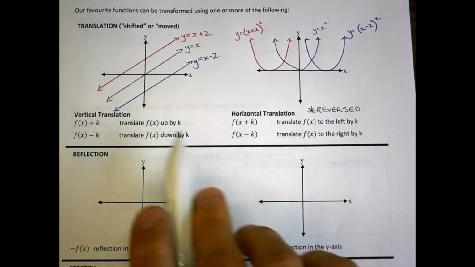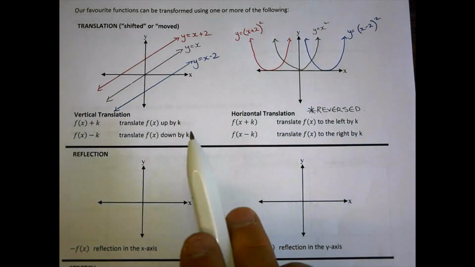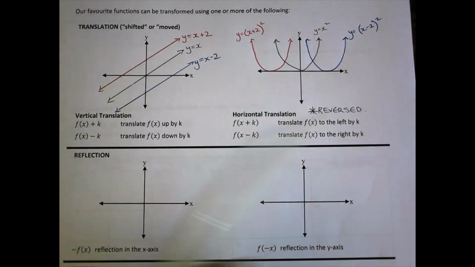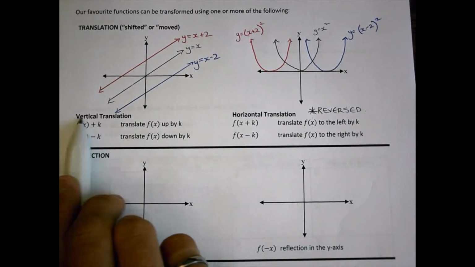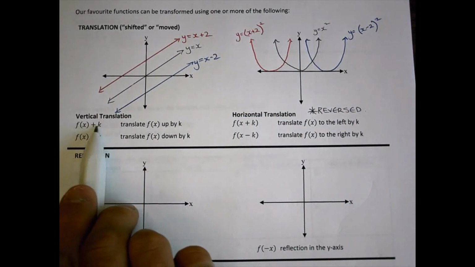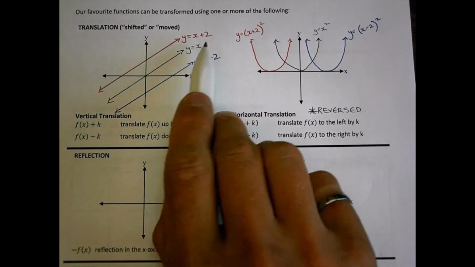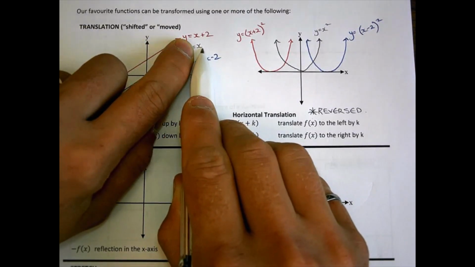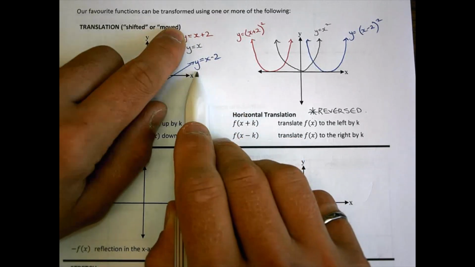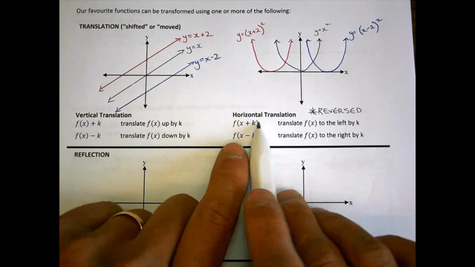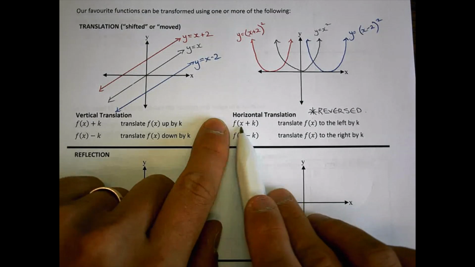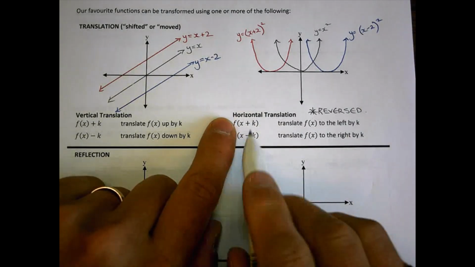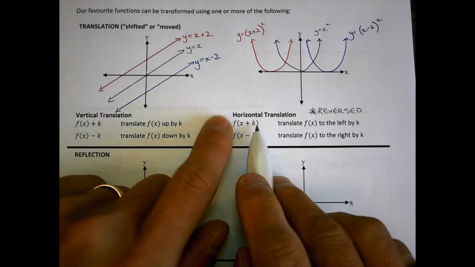Now note the different types of transformations here. Note how you can tell whether something's vertical or horizontal. My grade 10 students always get confused. Here I'm taking the function and I'm adding a number to it, or subtracting a number. So my function is y equals x, so I'm taking that function x and I'm adding 2 or subtracting 2. That's how I get these equations. Over here, I'm taking the function and I'm subbing in, I'm replacing the x and subbing in x plus k.